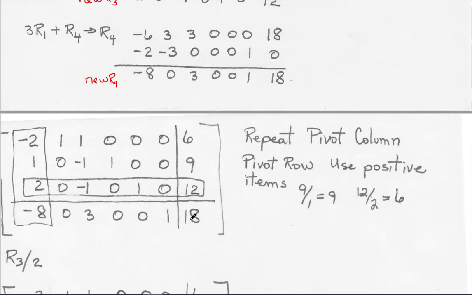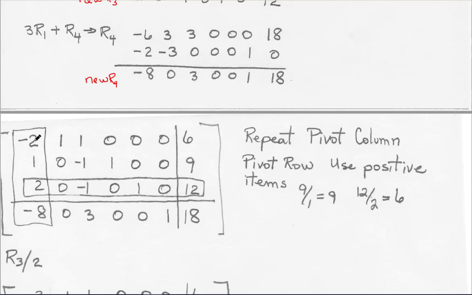I again scan the bottom. See, we've looped around that flow chart. Do I still have a negative in the bottom row? Yes. Therefore, this becomes the pivot column. Pivot row. Well, let's see. 6 divided by a -2.